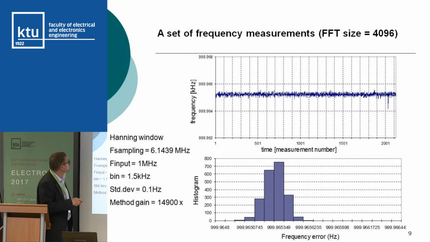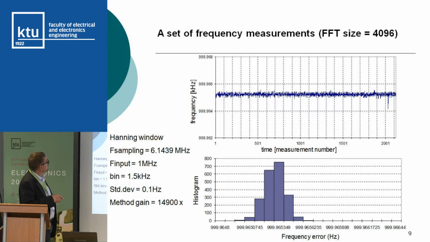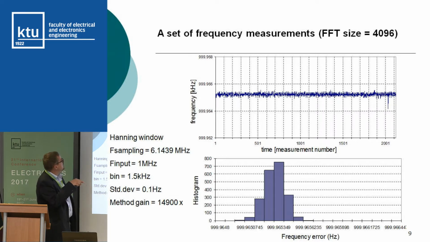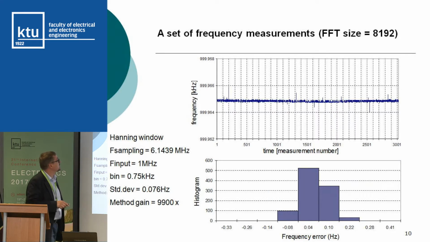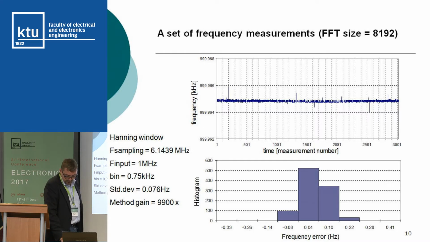For FFT size 4 kilosamples, I have had to change the scale because it would look almost like a clear line. And the last one, FFT size equal to 8 kilosamples, and the histogram consists almost only of four elements.